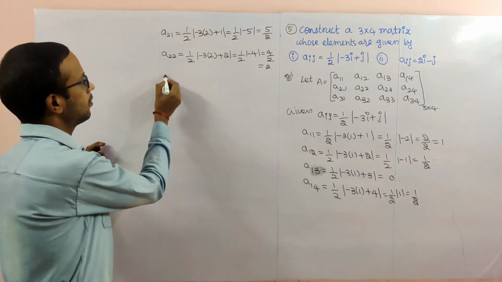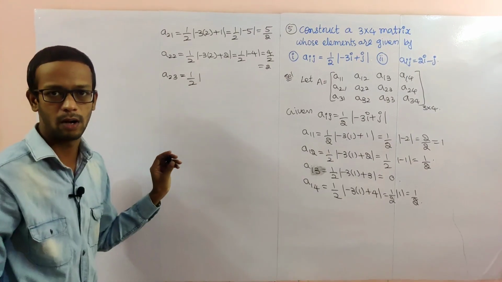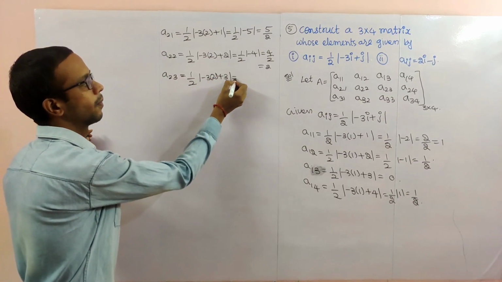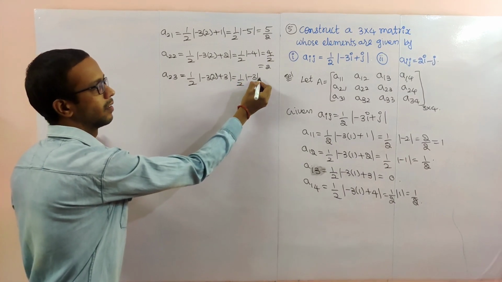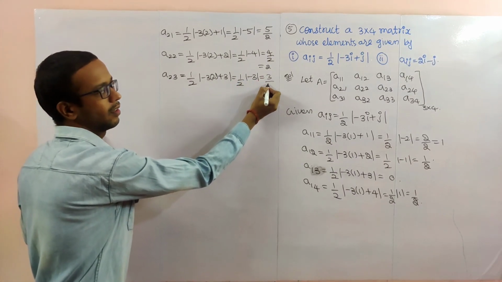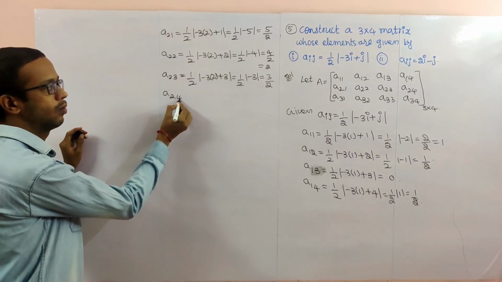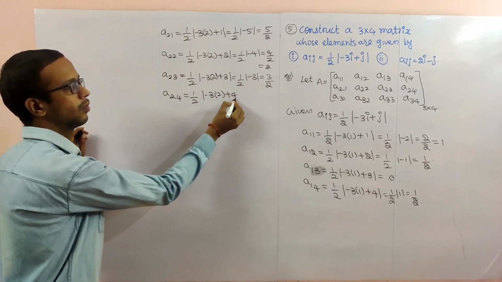Next A23: 1 by 2 mod minus 3 into 2 plus 3. Minus 6 plus 3, minus 3. Mod of minus 3 is 3, so 3 by 2.